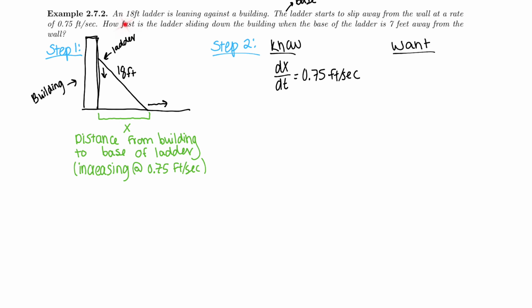We want to know how fast the ladder is sliding down the building when the base of the ladder is 7 feet away from the wall. So we have to label this distance here, because if the ladder is moving down, then this distance is shrinking.